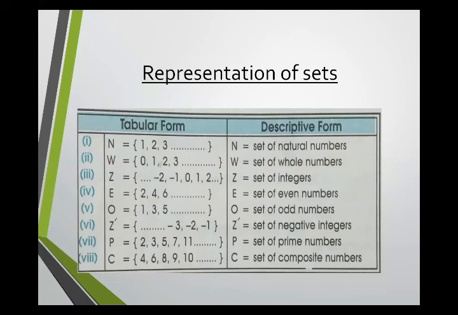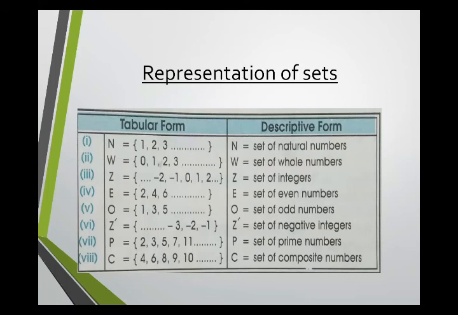The next one is Z prime. This sign shows Z prime. It means the set of negative integers. This is also integers, but in this set, we only write the negative counting, or the negative numbers.